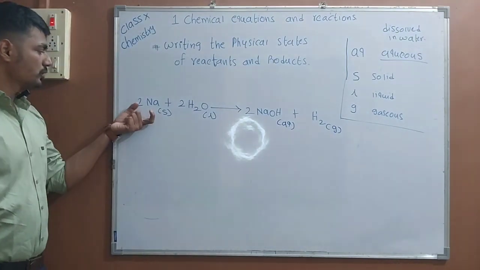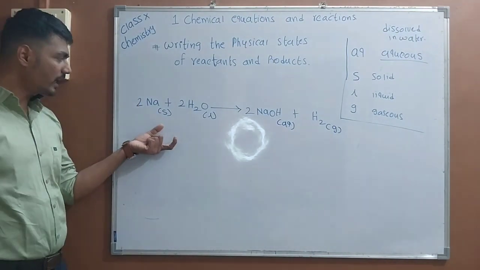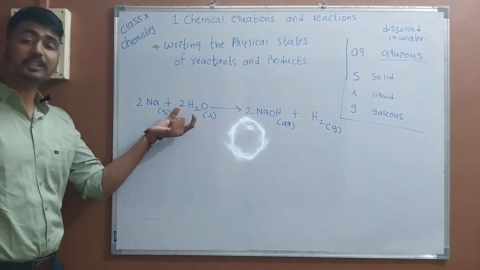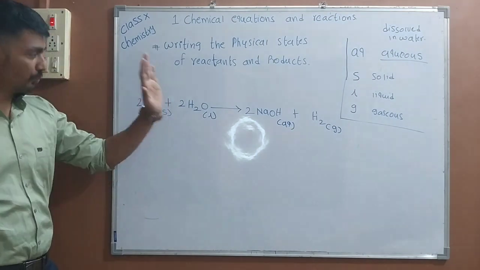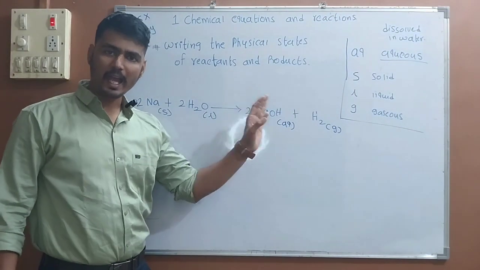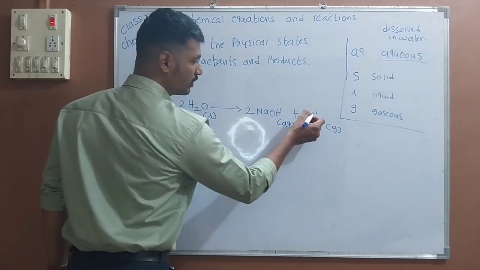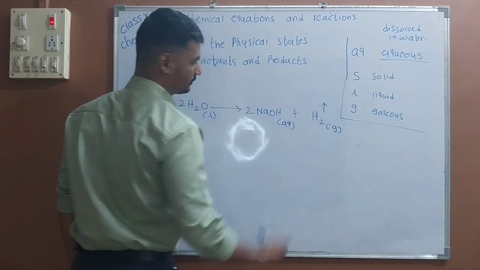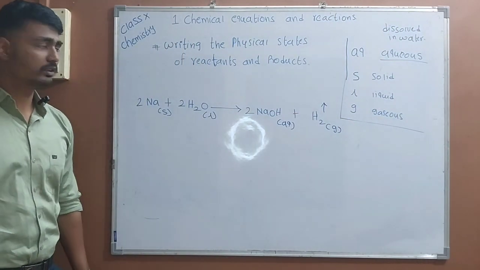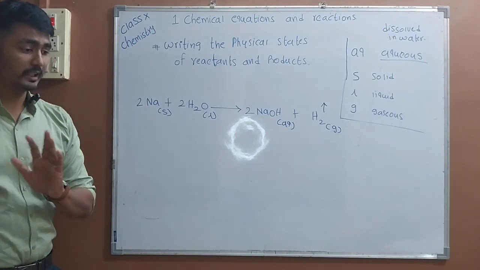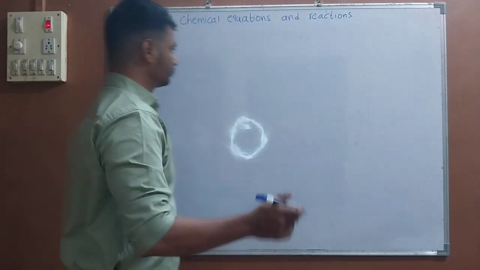Or we can say sodium metal in its solid state reacts with water in its liquid state to produce an aqueous solution of sodium hydroxide and liberates hydrogen gas. Whenever it liberates hydrogen gas, we can show it like this. Is it clear? Now we are going to learn about different types of chemical reactions.